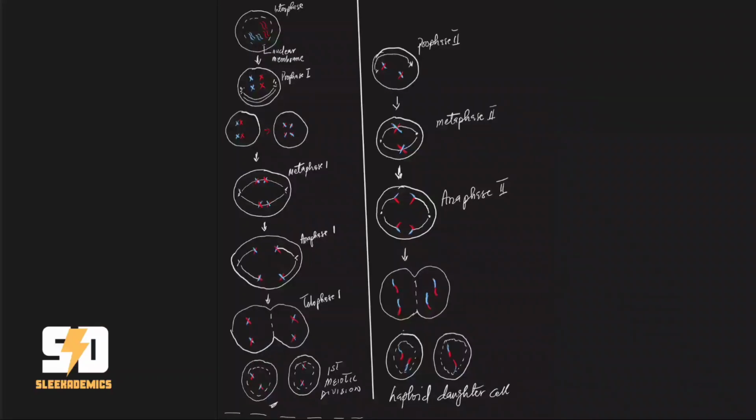This reduces the 46 in each parent, that is in both the man and the woman, to 23, so that when they come together and copulate, the resulting product, which is a zygote, will be 46 in number as well. That is 23 from the father, 23 from the mother, making it complete 46. So this is why meiosis is quite important, especially in sexual reproduction.